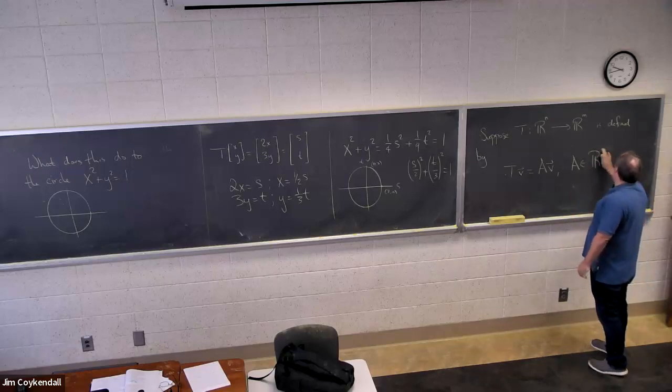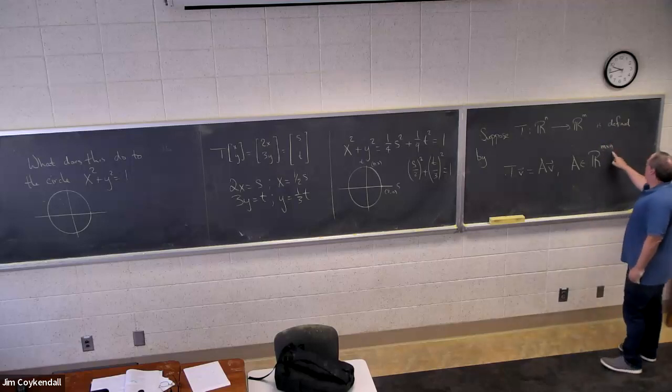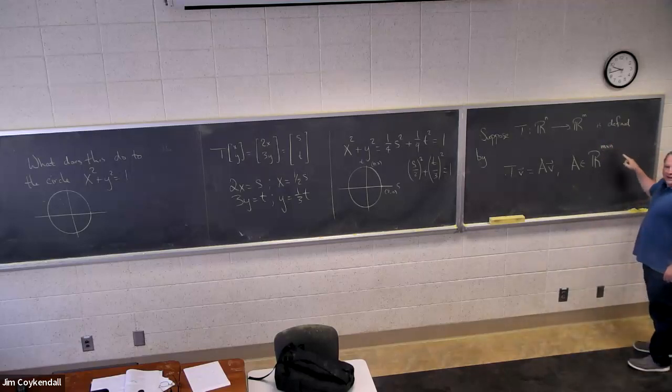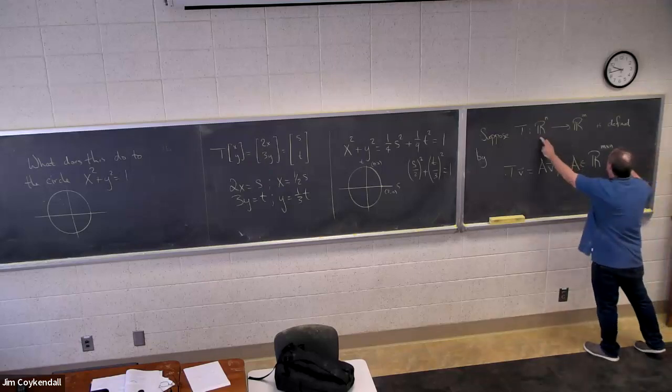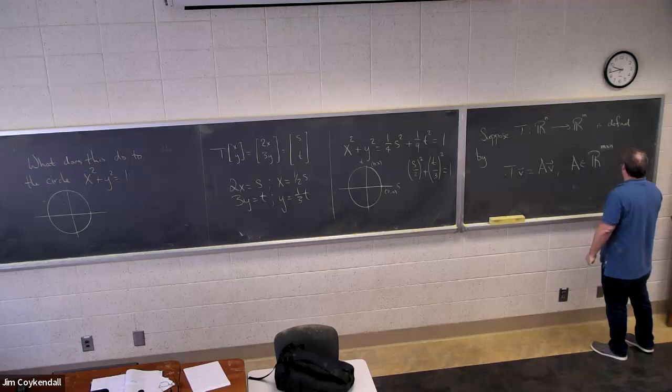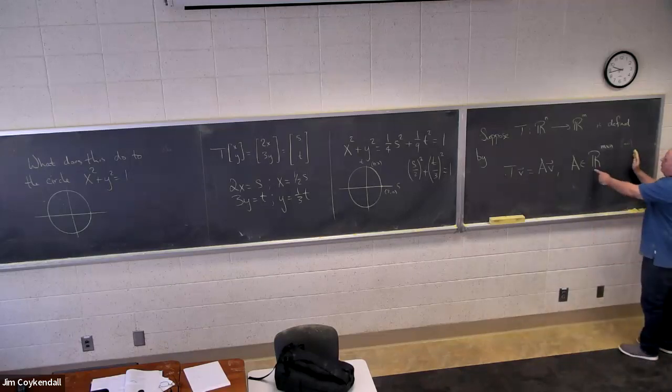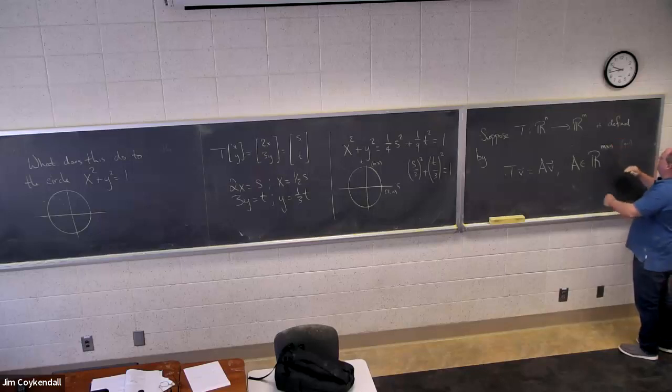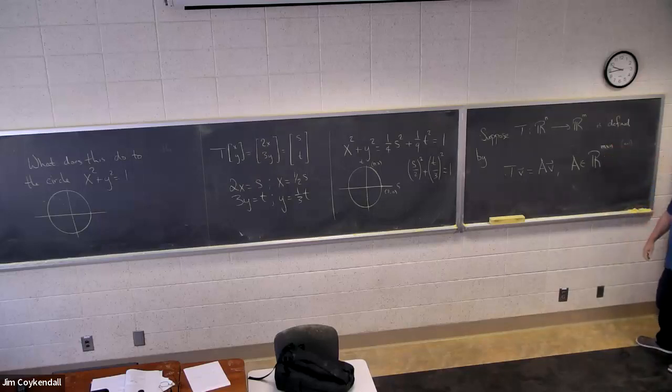Actually, n by n, because I want to multiply this by an n by 1 vector and get an n by 1 vector.